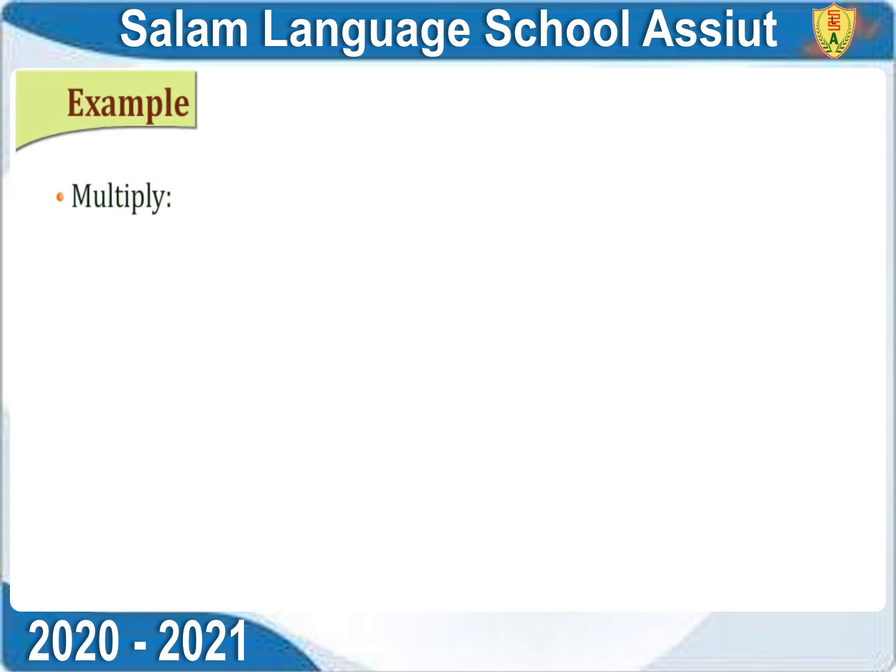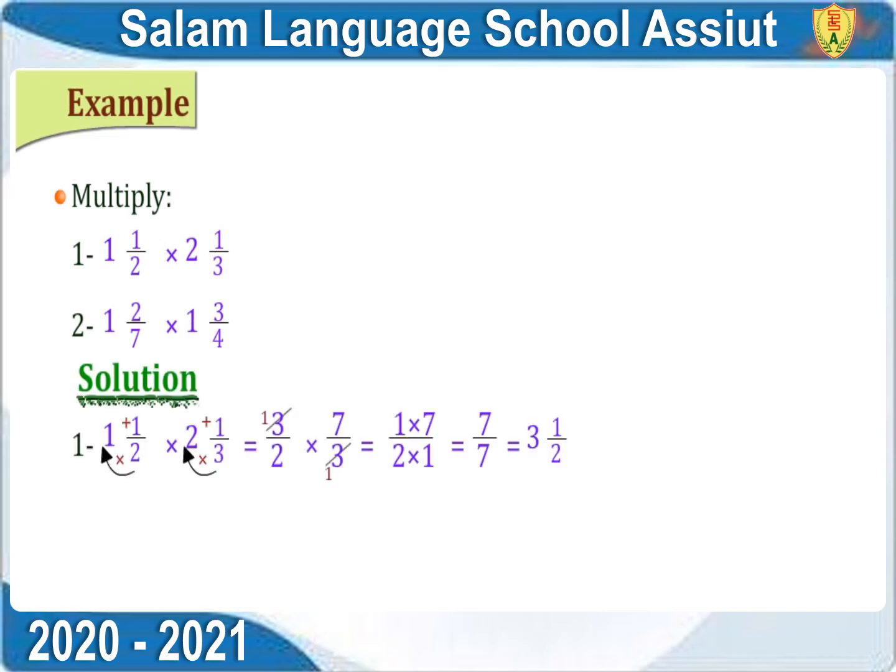Example. Multiply number 1, 1.5 times 2 1/3. Number 2, 1 2/7 multiply 1 3/4. Solution. After changing each of these mixed numbers to improper fractions, 1.5 will be 3 halves, and 2 1/3 will be 7/3.